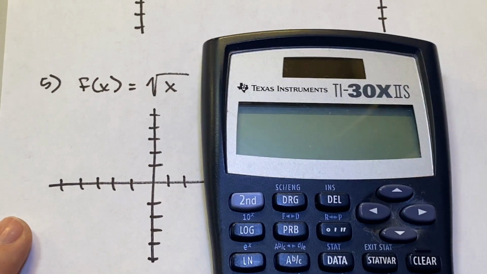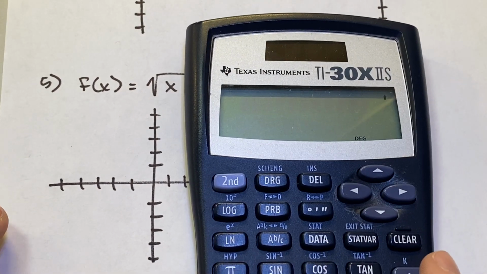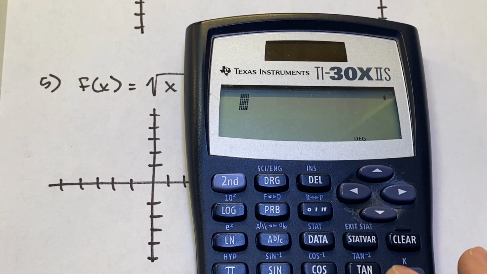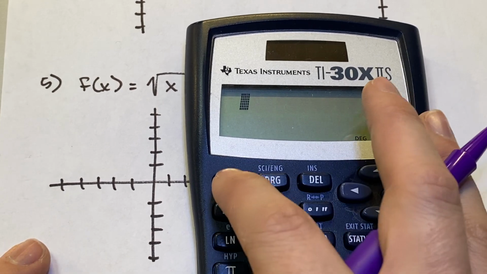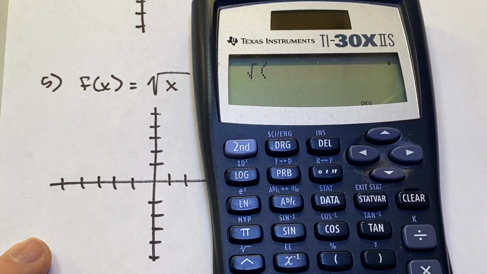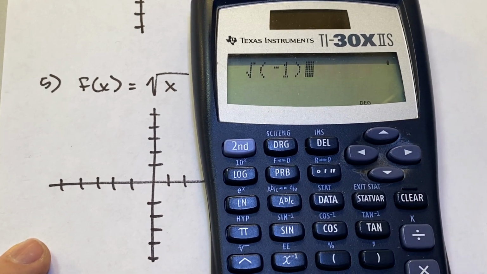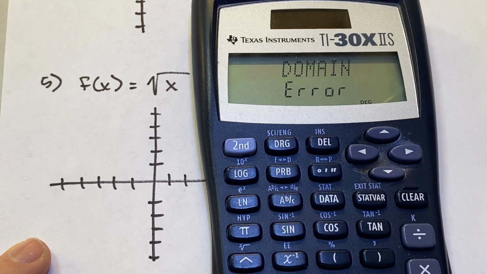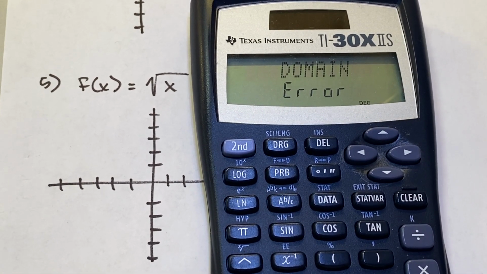Let me prove it to you. If you pull out a calculator, because we've been plugging in -1, a negative number, let's see what I get if I type in the square root of -1. Not possible. So we can't choose any negative numbers.